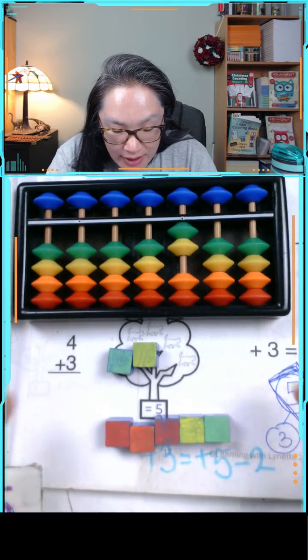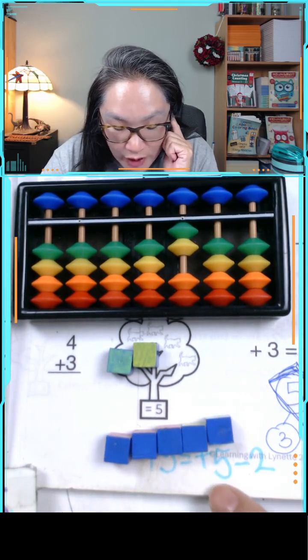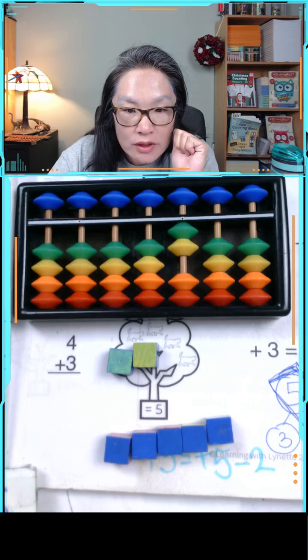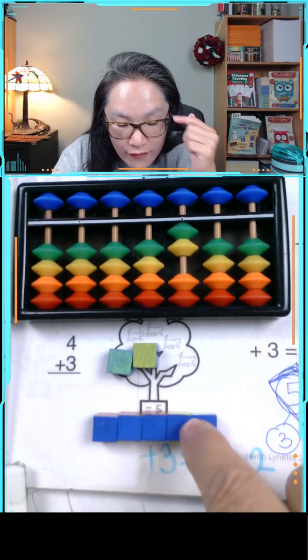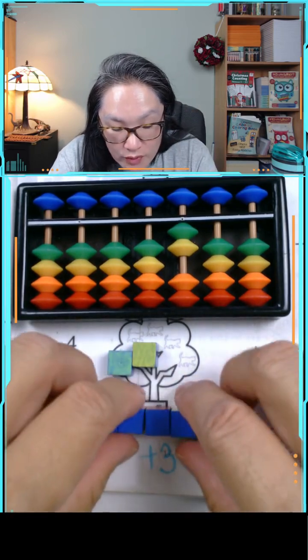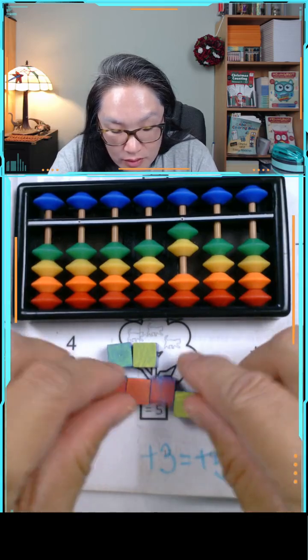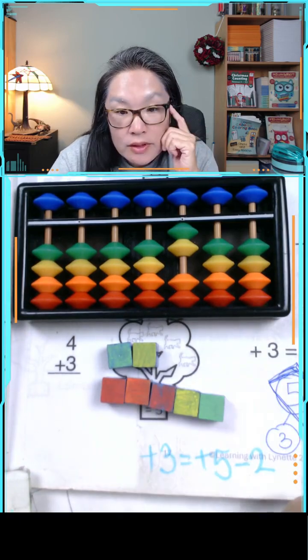Now I've made a 5. What I did is I regrouped at a smaller level. So what we have is 5 and then 6 and 7. So we're having this concept of taking away to subtract.